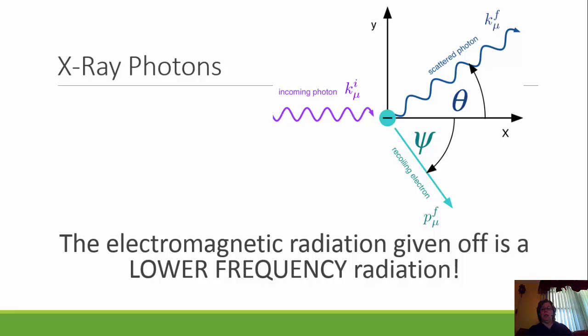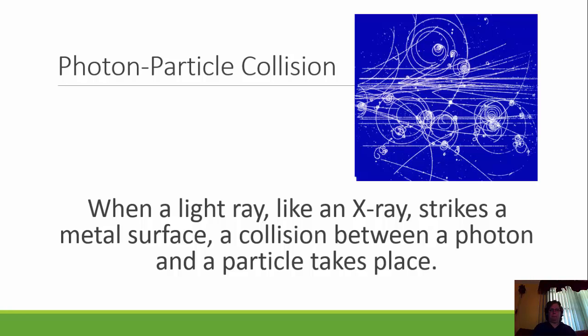So we have an incoming photon that strikes the metal surface, some electrons are ejected, and also some photons scatter, but the scattering photons, or the recoiled photons, actually recoil at a longer wavelength, lower frequency radiation. Why does that happen?